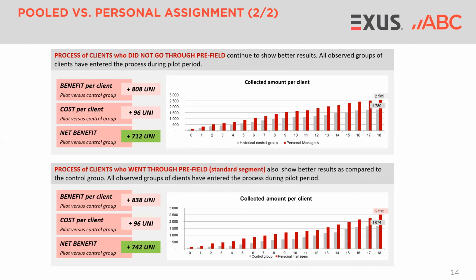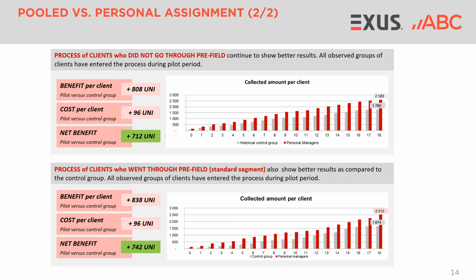Right now, we see the top and the bottom are, let's say, two different groups. The top is the pool, and the bottom is the inflow. And as you can see, after 18 weeks of measurement, they were both showing a very good recovery per case from the pool.